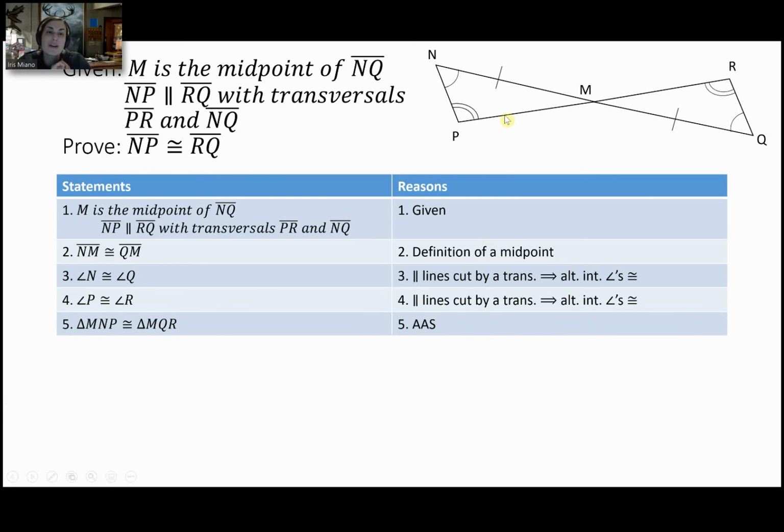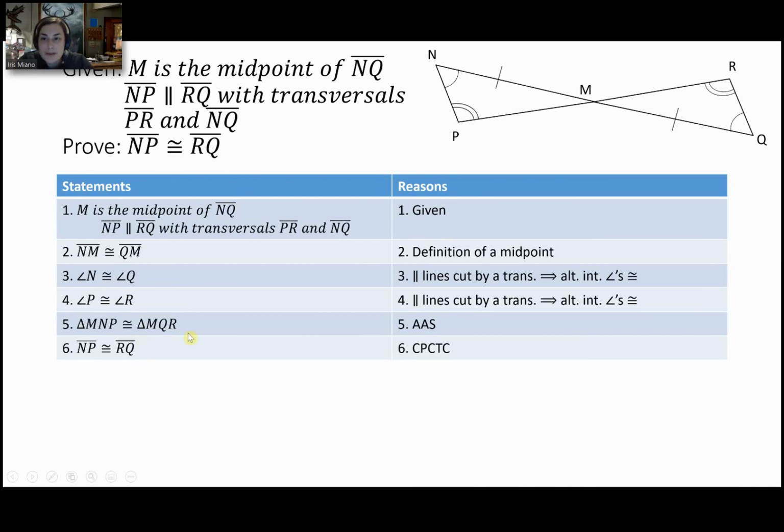Now that the two triangles are said to be congruent to each other, we can claim that these edges NP and QR are congruent because they are corresponding parts of congruent triangles. So they must be congruent. CPCTC. Hey, CPCTC, right? The triangles were shown to be congruent in the fifth statement. We proved it. We did it with angle, side. We could have done it with angle, side, angle, as I described earlier.